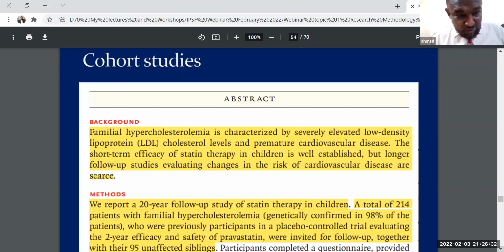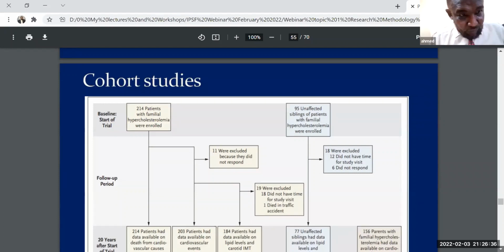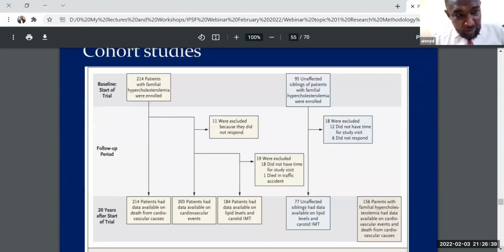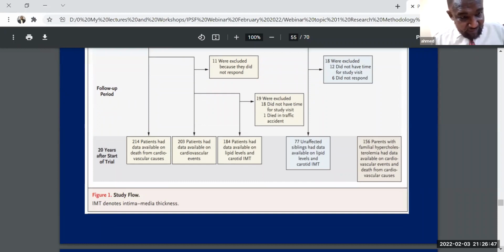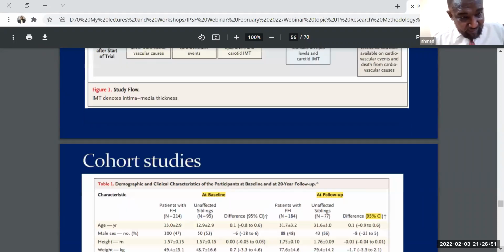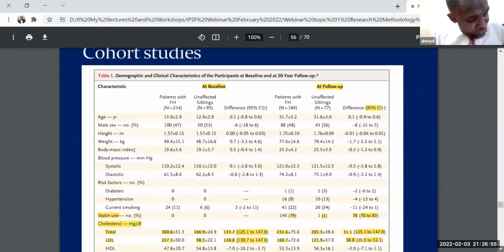This one is a flow chart or flow diagram to describe how follow-up has been conducted and baseline selection and so on, over 20 years. And here they have characteristics at baseline and at follow-up. I don't want to stop.